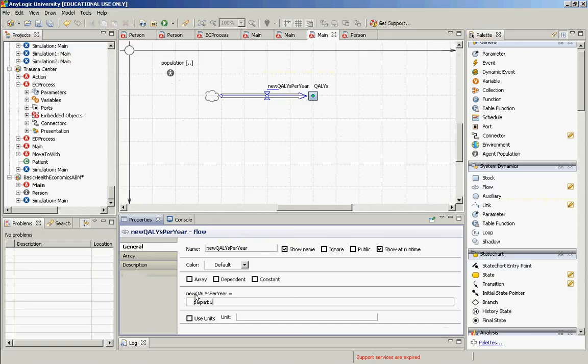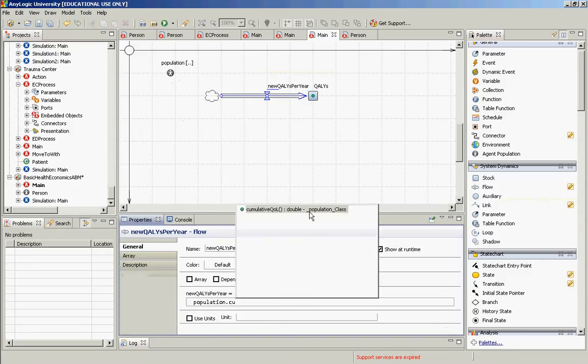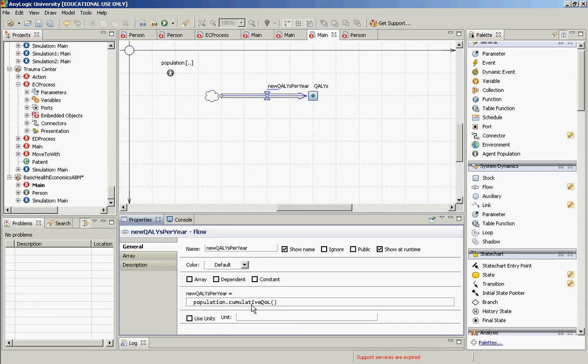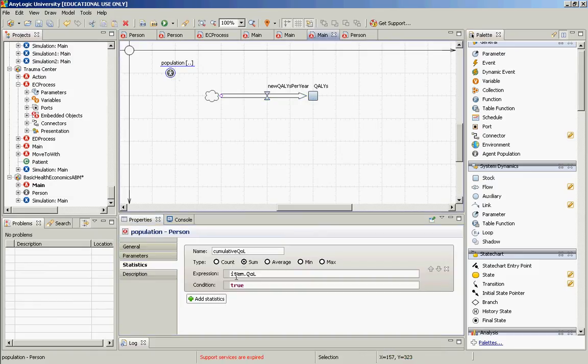So population dot cumulative. This is the statistic we just created. It's taking a bit long to complete this, but cumulative quality of life. So we're calling this statistic, which we just defined on the population, to be the sum up of the quality of life across the population. And this can allow us, if we integrate this up over time, we can get cumulative quality adjusted life years lived to the current point.